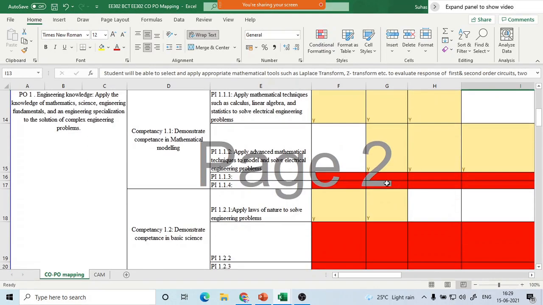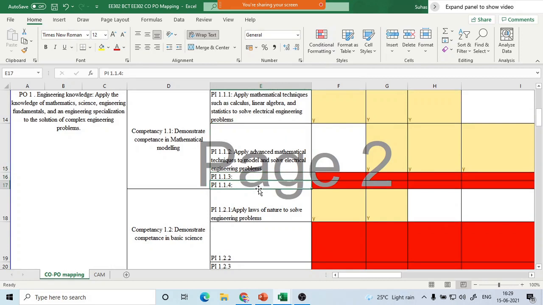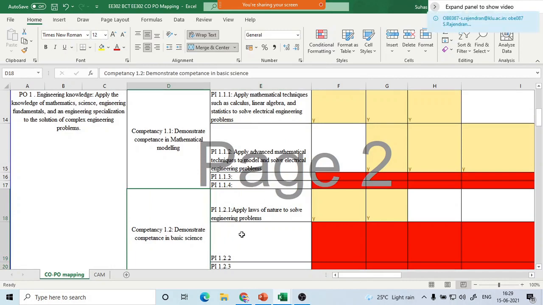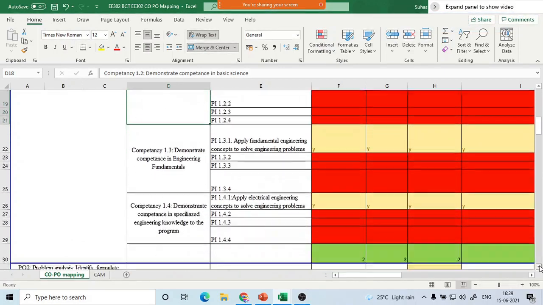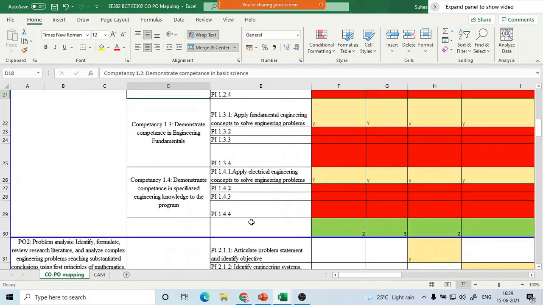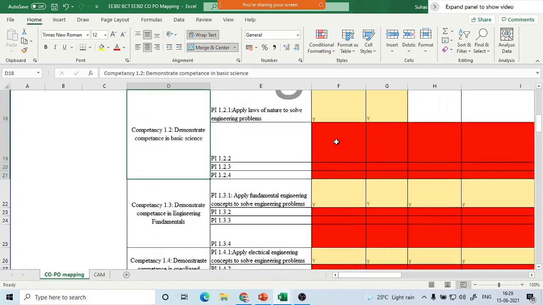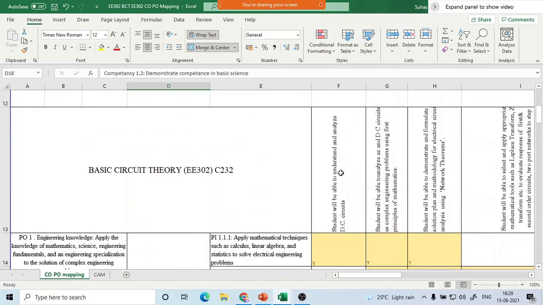Then second competency level, third competency level, fourth competency level. The same way, these are the performance indicators. I am going to do it for the rest of the performance indicators, and I am going to count how many yes I collected into this.